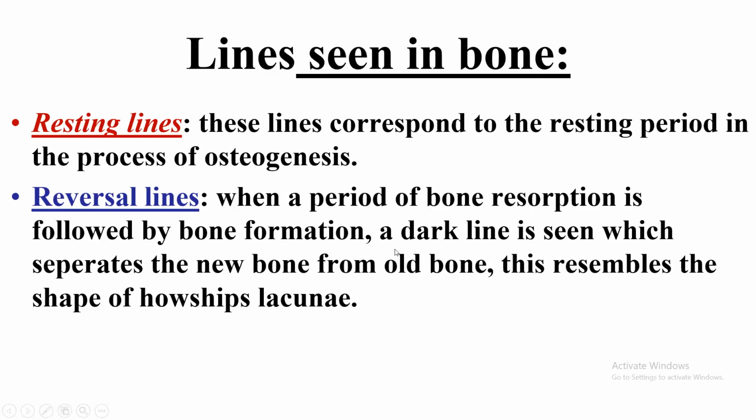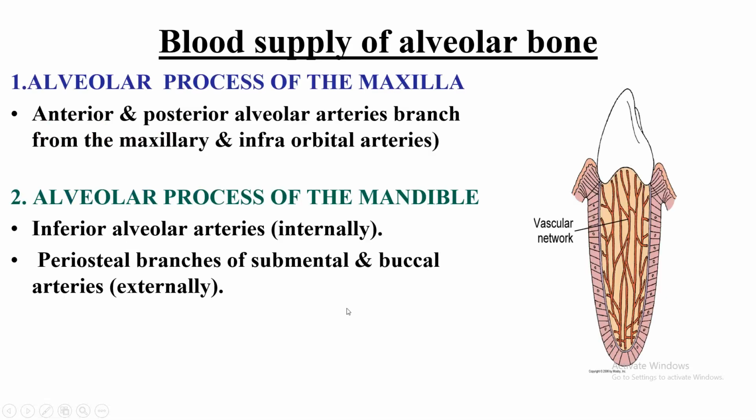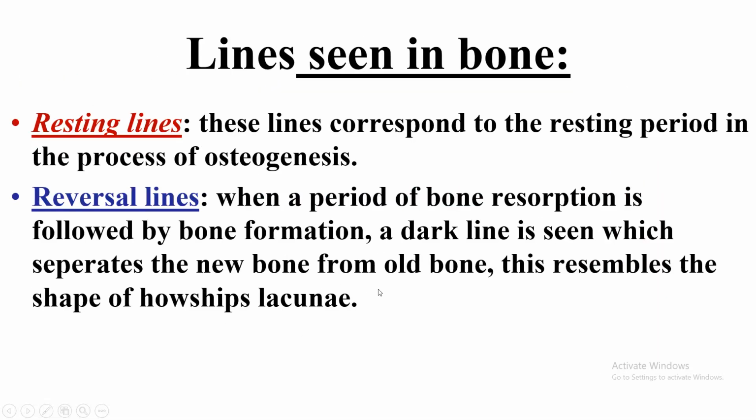Reversal lines are when you have a period of bone resorption followed by bone formation. There will be a dark line seen which separates the new bone from the old bone. This resembles the shape of Howship's lacunae.